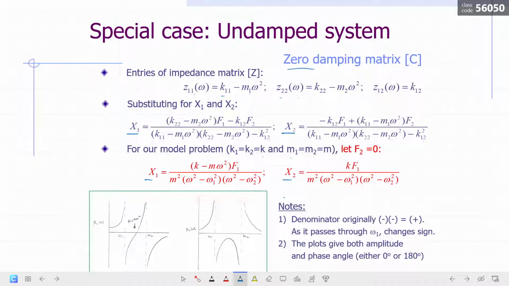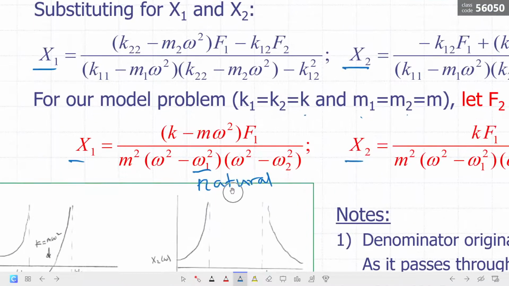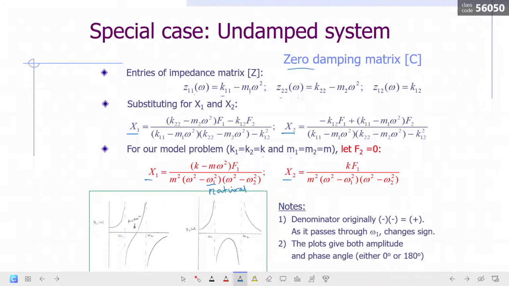The interesting part is the denominator. You can see that this one is natural frequency one, and this one is natural frequency two.